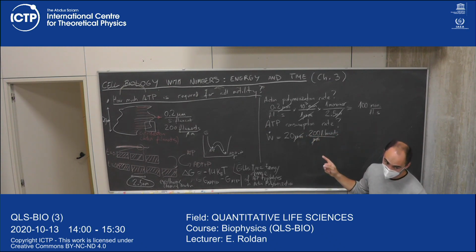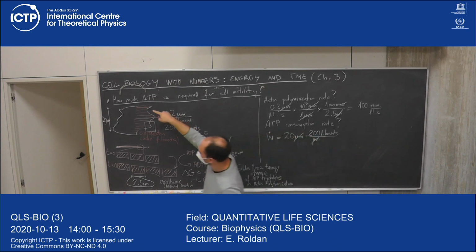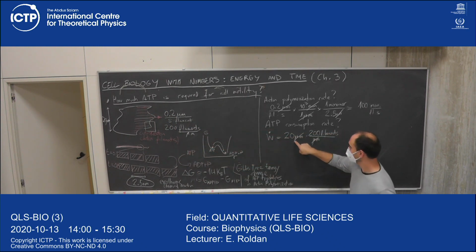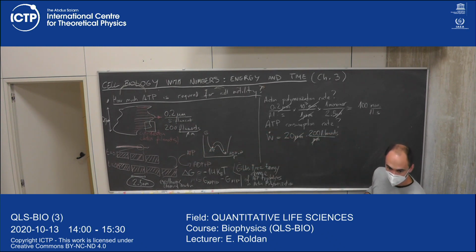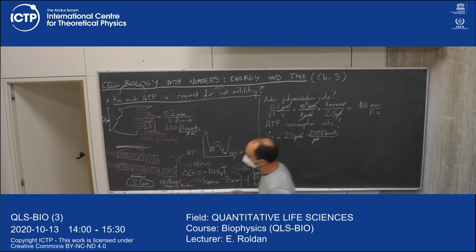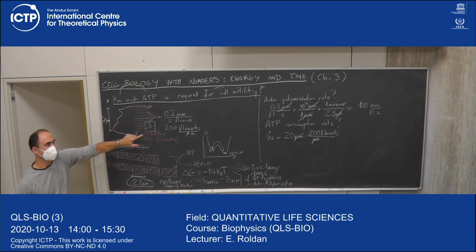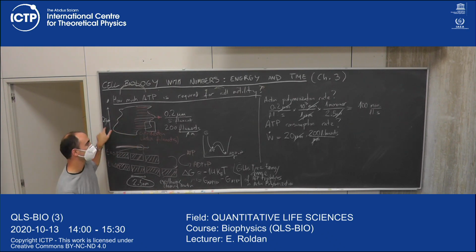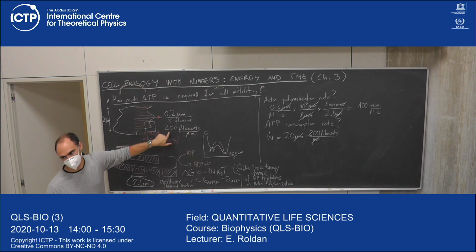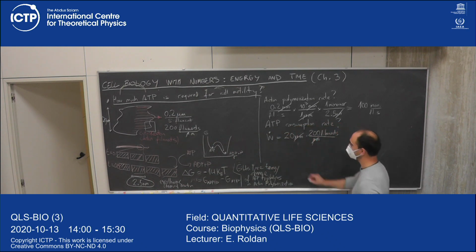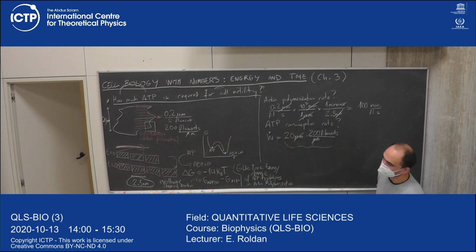The number of filaments. I multiply length times density. Is 20 micrometers the length of each filament? No, be careful. 20 microns is the length of the entire cell, and this is the density. So length times linear density gives you a number. Up to here, this is the number of filaments that are growing in the cell.